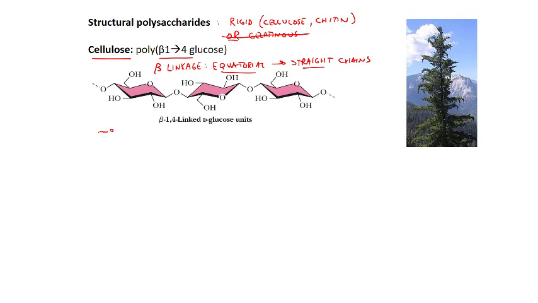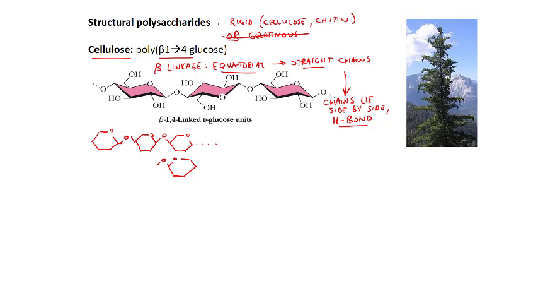So cellulose actually does look like a bunch of hexagons linked together like so. And because we have a straight chain, we can have multiple chains lie side by side in the crystal, and they hydrogen bond with one another. So in pure cellulose, you end up with chains of cellulose organized side by side.